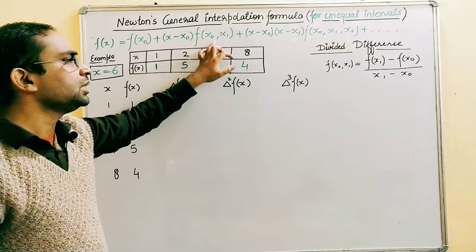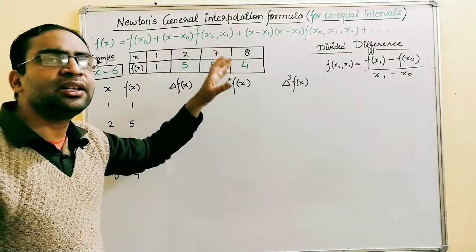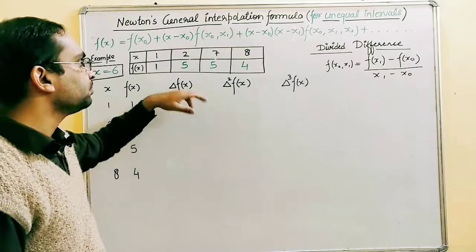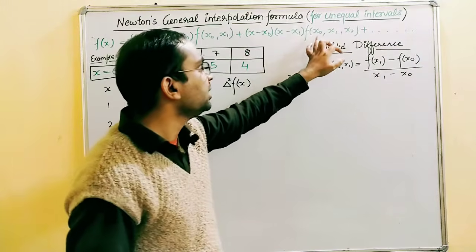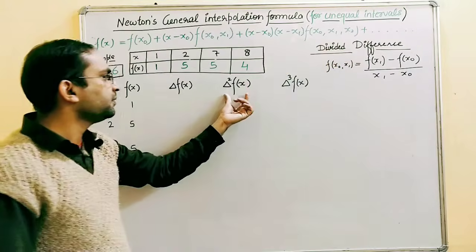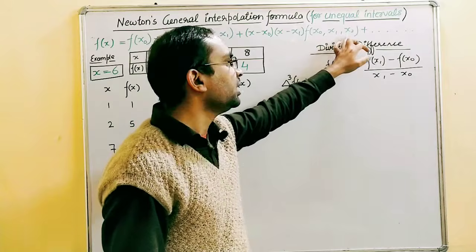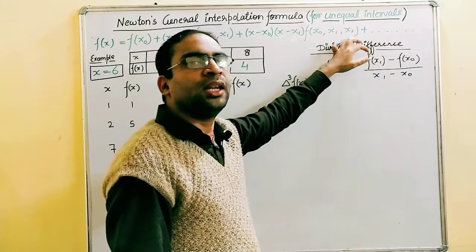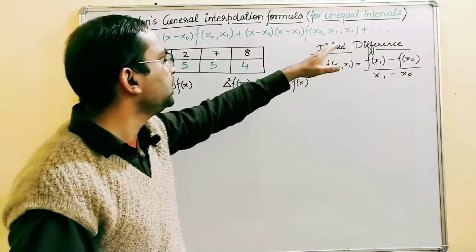We'll see how we can calculate the divided difference and how we can create the divided difference table in today's lesson. Next is (x minus x0)(x minus x1) times the second divided difference, del 2 f(x), that is f(x0, x1, x2). In the same manner, we can evaluate the further terms. Let's see what could be the next term.